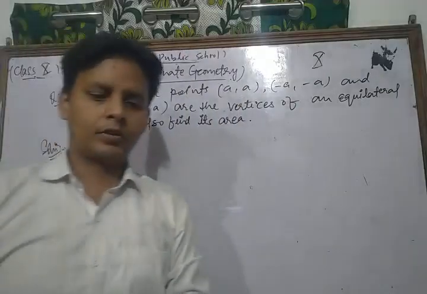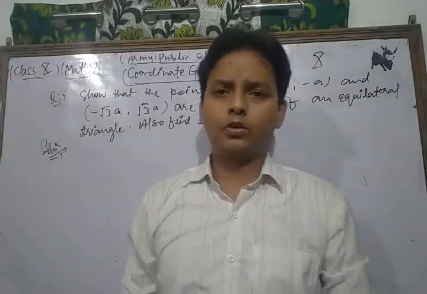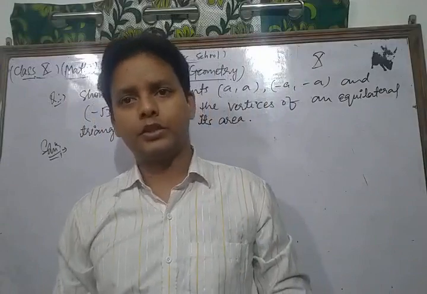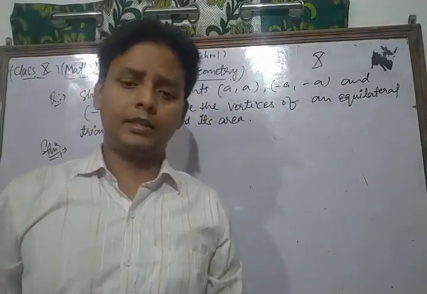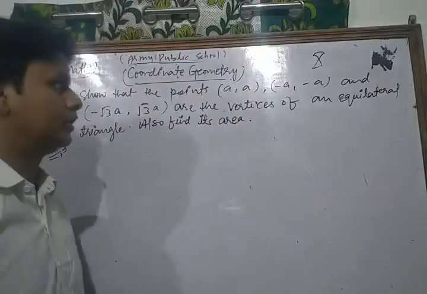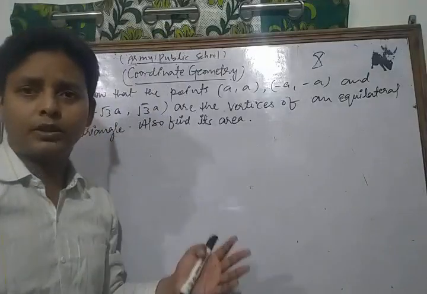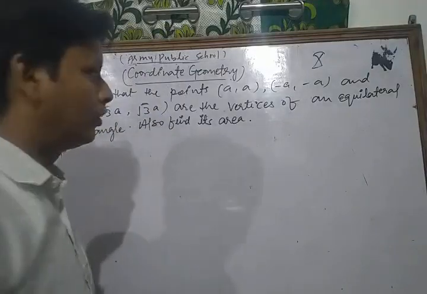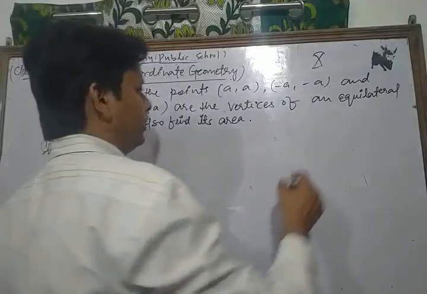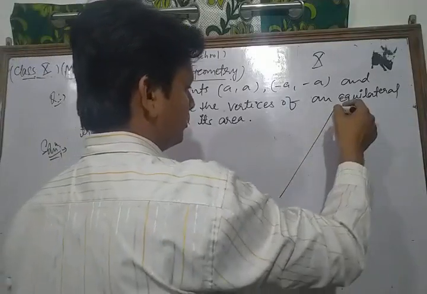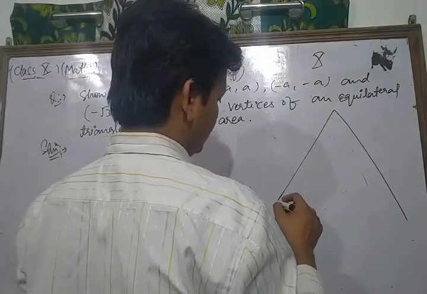So dear students, in the previous class we discussed a very important formula, the distance formula, and we also discussed the concept. What is the process to solve this type of question? First of all, we draw a triangle.